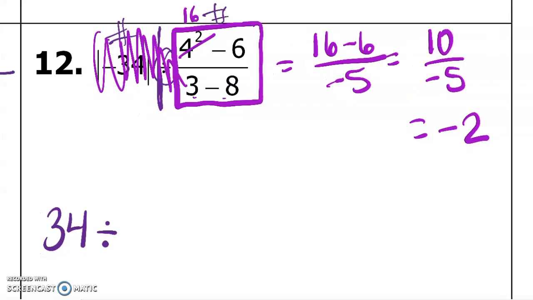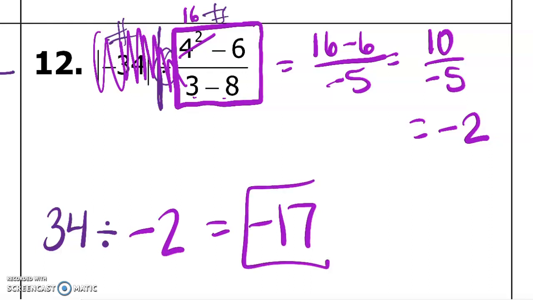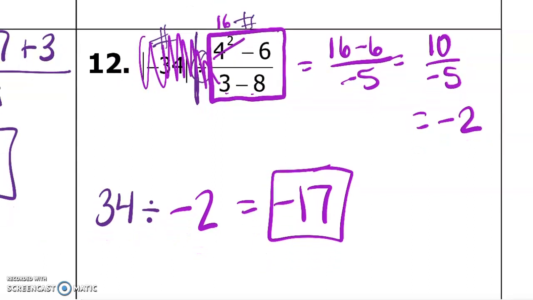So then we're going to do 34 divided by -2 and get -17 for our final answer. Okay, so if there's anything happening on the front or the back of a big fraction, you have to get that big fraction down into one number first before you divide or add or subtract, whatever it might need to be.